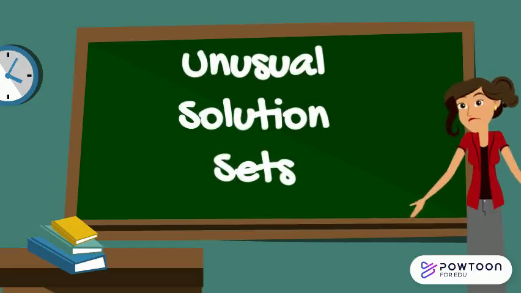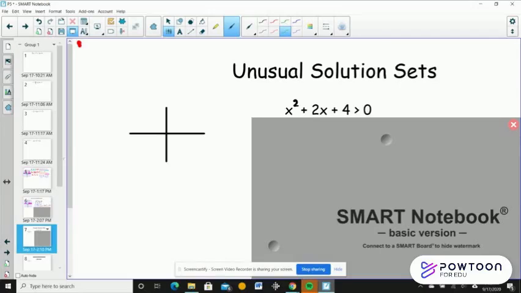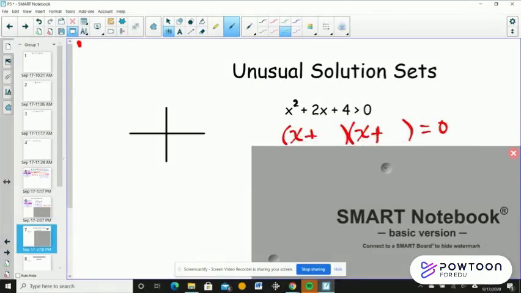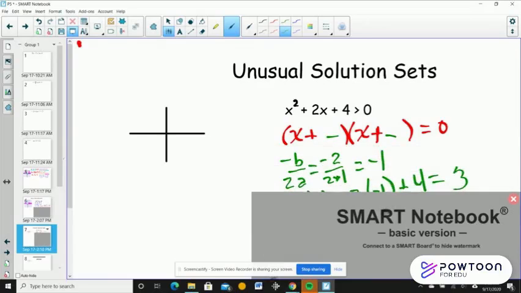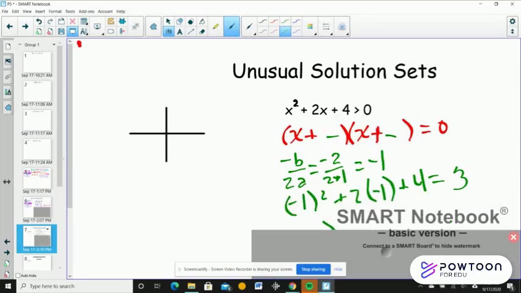Unusual solution sets. Okay, for an unusual solution set for this polynomial set greater than 0, if we try to factor it, we do not have two factors there that will multiply to give us 4 and add to give us 2. So we can find the vertex by plugging in negative b over 2a and find out the x value is negative 1 and the y value is 3.